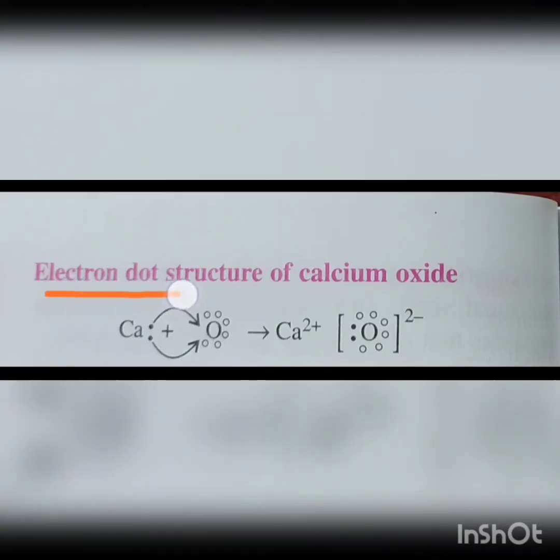The electron dot structure for the formation of calcium oxide is Ca with 2 electrons in the outermost shell, oxygen with its 6 electrons. Calcium gives the electrons to oxygen, forming Ca2+ and O2-.